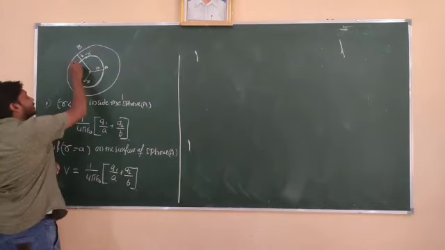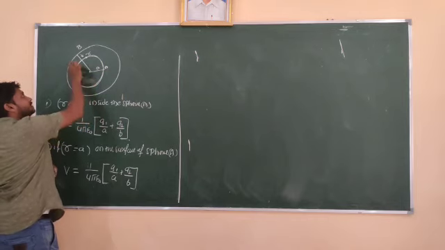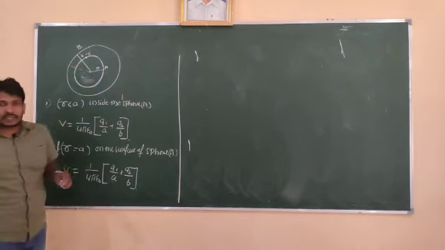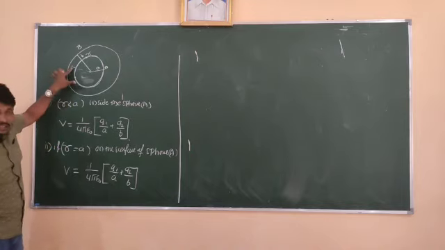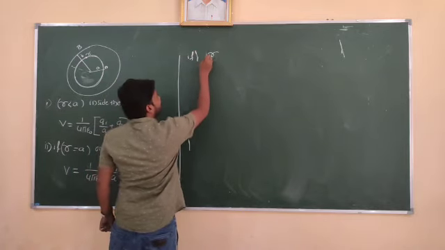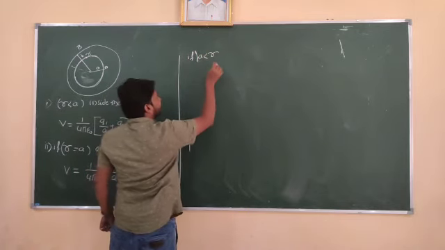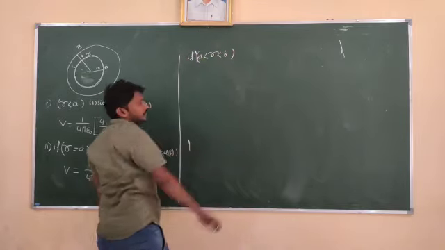For example, this is the new position. This position is outside the first sphere and inside the second sphere. So r value is greater than a and r value is less than b.